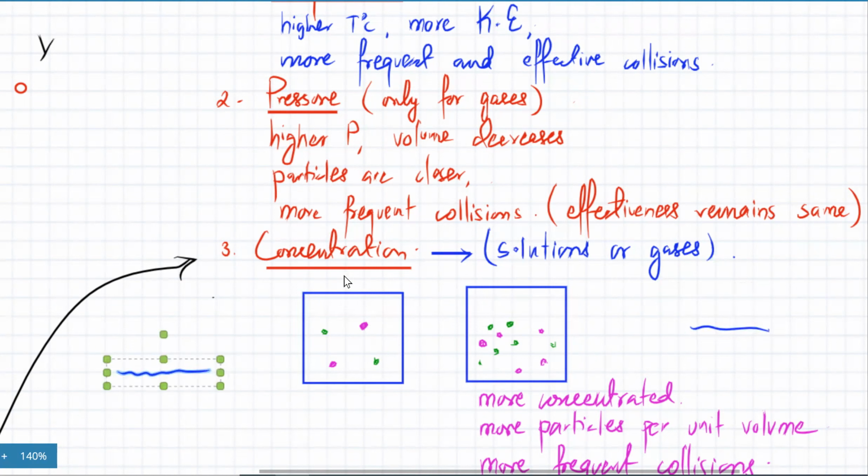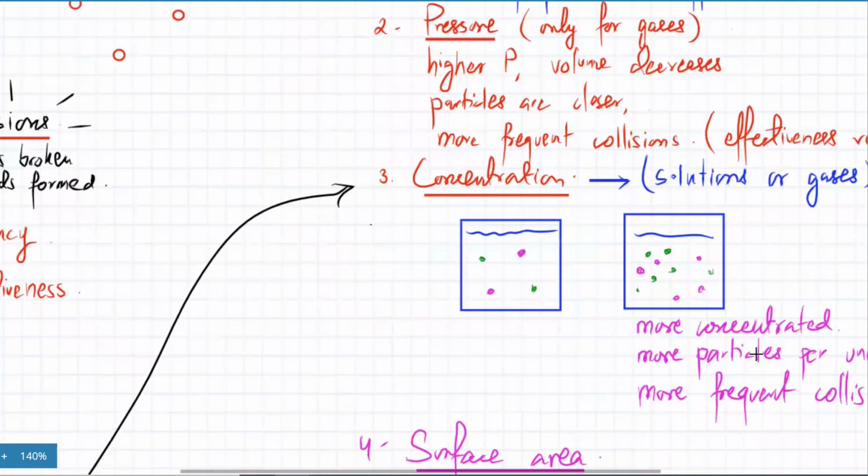So there are a bunch of particles far apart. You can think of it as a dilute gas, and this one is a concentrated gas because the particles are really close together. So pressure and concentration behave exactly the same way, and they are directly proportional. For gases, you usually use the term pressure instead of concentration. But at the moment, our focus is going to be on concentration.